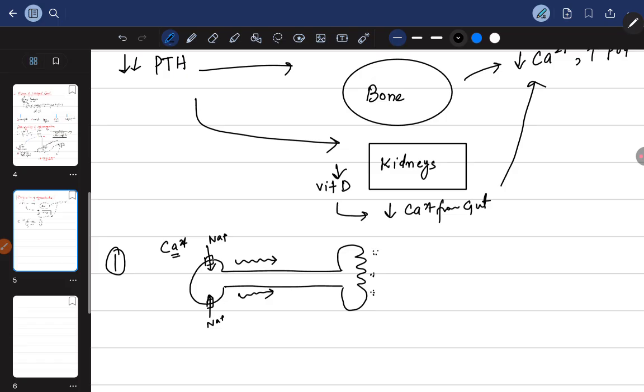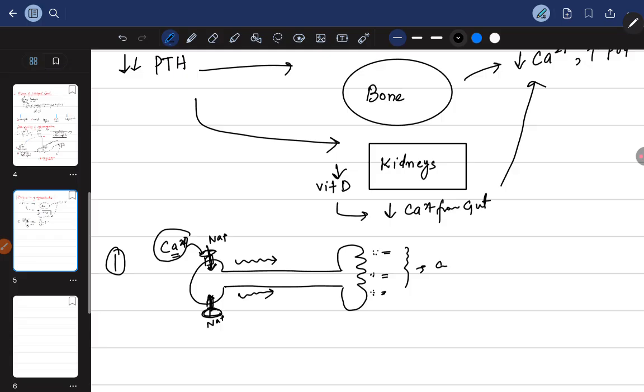Why? Because if there is continued influx of sodium, there will be continued release of neurotransmitters, and that will lead to different conditions. But this calcium blocks these sodium channels, and in a sense it regulates nerve conduction in the neurons.